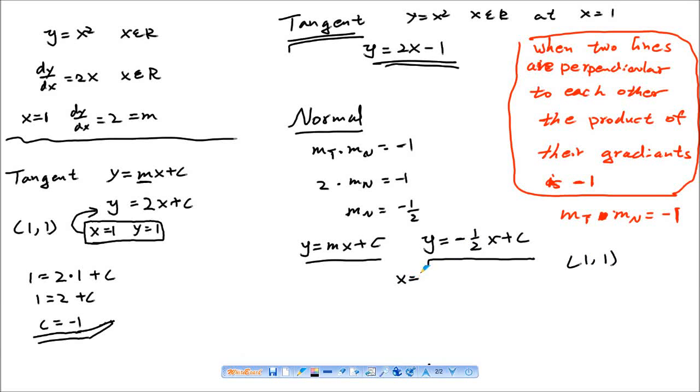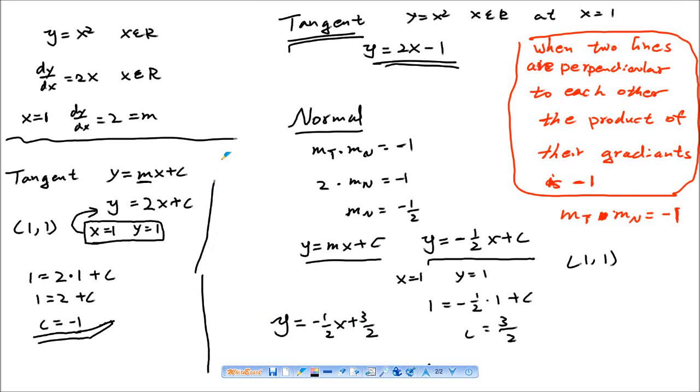When x equals 1, y will be 1, and 1 equals -1/2 times 1 plus c, so c will be positive 3/2. So my line of normal is y equals -1/2 times x plus 3/2. This is the equation of the line normal. Now we solved the question.